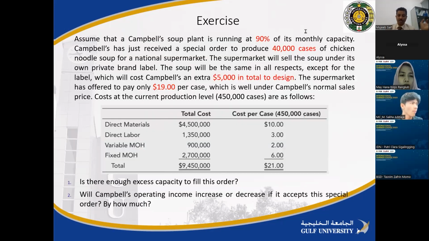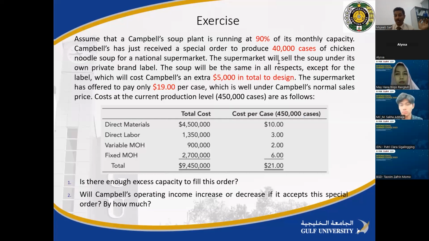So here is another exercise, which is actually the same as the previous one we explained. We will just review it quickly. Assume that there is a company running at 90% of its monthly capacity. This company has just received a special order to produce 40,000 cases of chicken noodle soup for a national market.